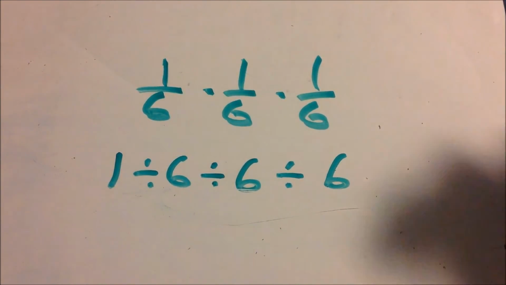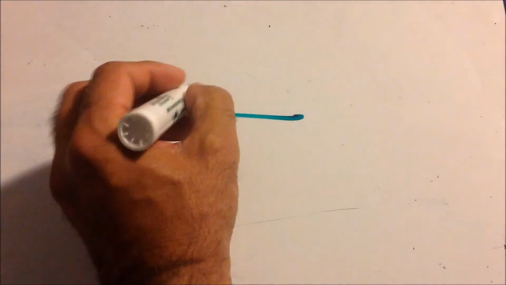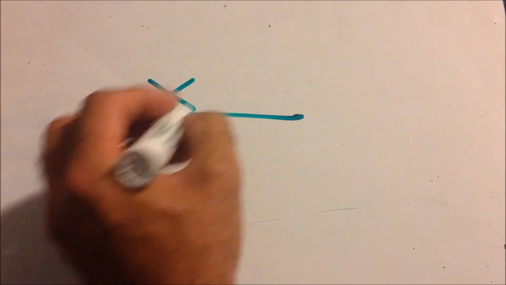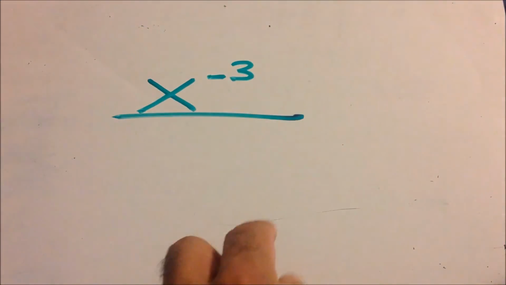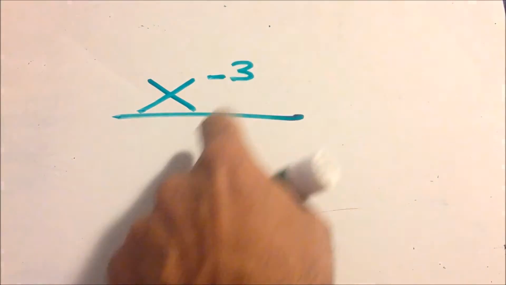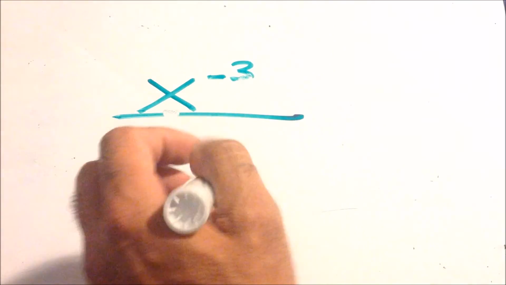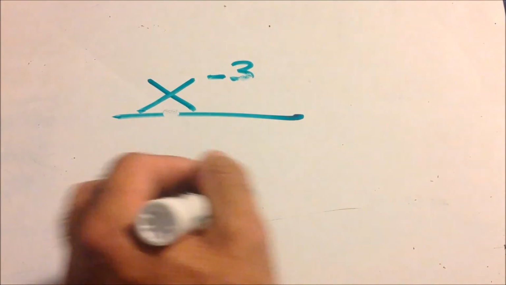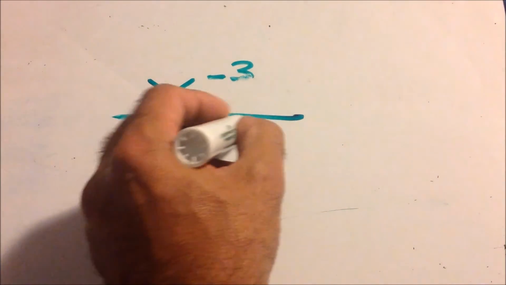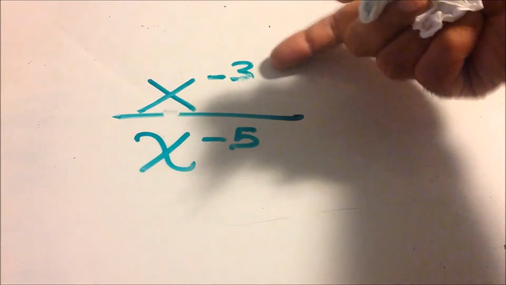Now there's one other thing we should go over. It's about that negative exponent. If you see a negative exponent, let's just put x for now, a negative exponent in the numerator, you have to bring it down into the denominator. So x to the negative third will go down into the denominator. If you saw a negative already in the denominator, it has to go into the numerator.